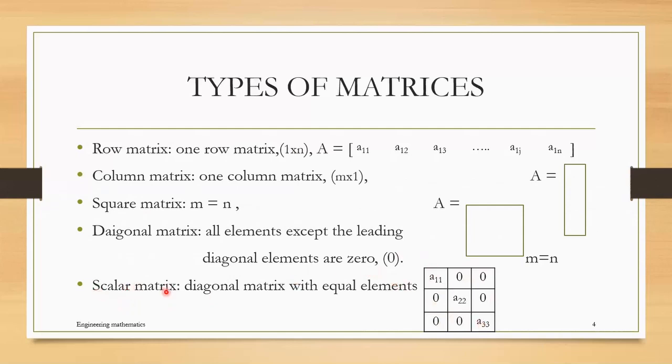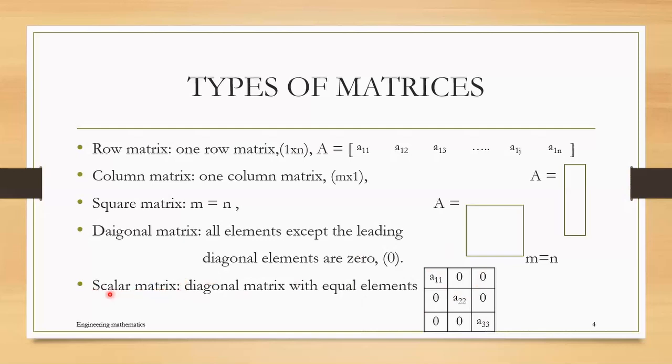Next, we have the scalar matrix. First, it should be a square matrix with equal rows and columns. Second, it should be a diagonal matrix, so the leading diagonal elements are there and the others are zero. Third, all the diagonal elements should be equal.